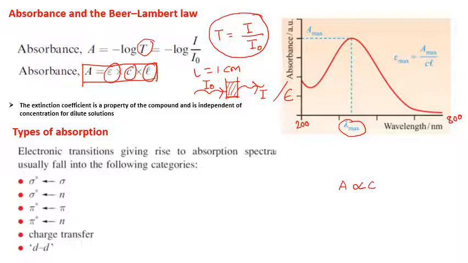Now if your solution concentration is around 10 to the power minus 5 mole per decimeter cube, then the absorption value normally falls within the range of less than 3. Using the formula absorption equals epsilon C L, you can calculate the absorption value.